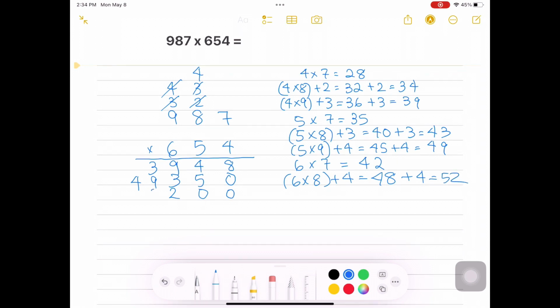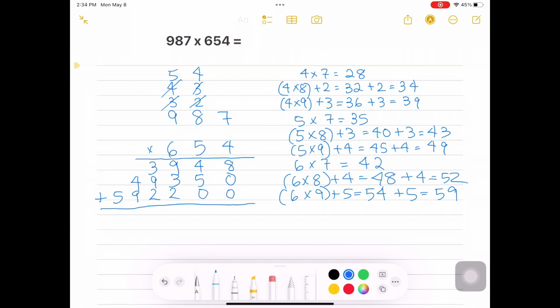Write down 2, carry the 5. And now you're ready to multiply the two hundreds digits together. 6 times 9 plus 5, that was carried from before. And it's 54 plus 5 equals 59. Write down 59. And now you're ready to add all 3 rows of numbers together.